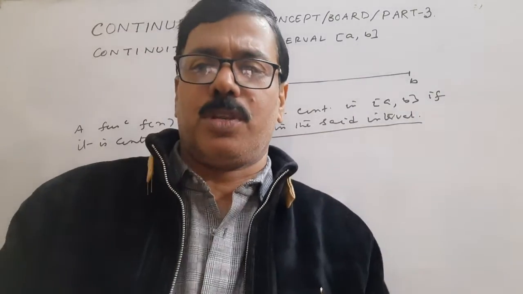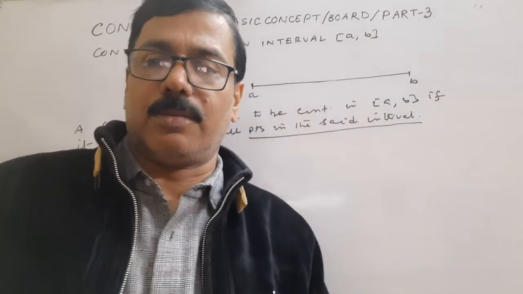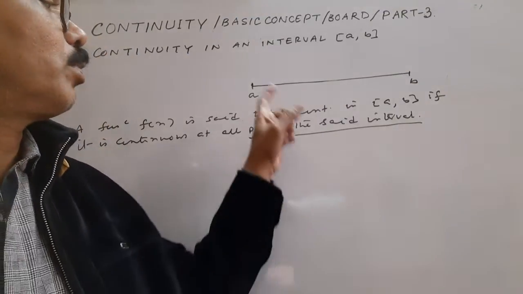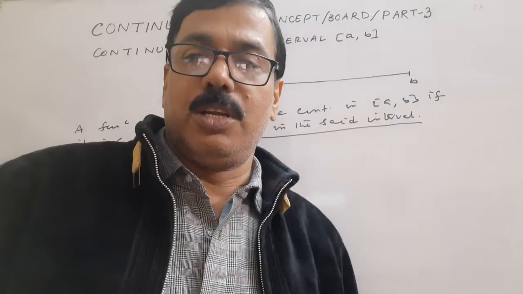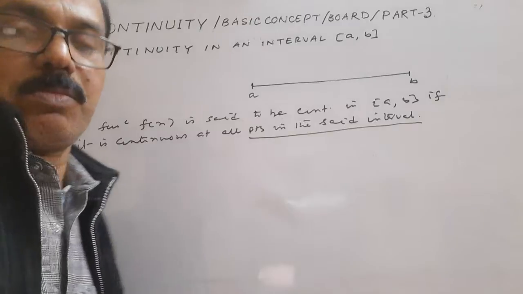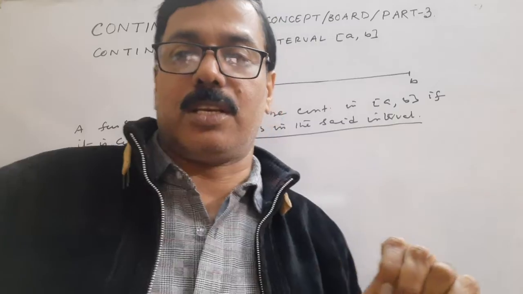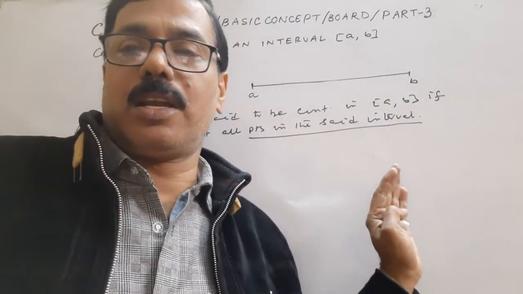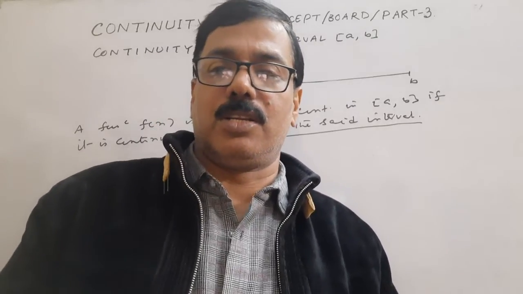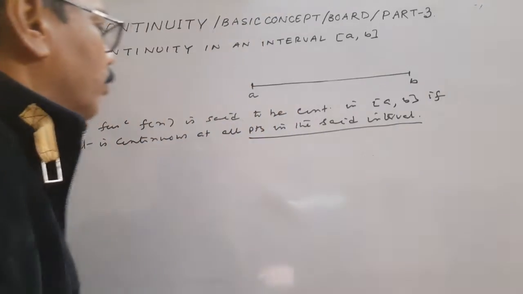Now it is not possible to verify continuity at all points in the said interval. We verify the continuity at the restricted points at which the function is given. If it is continuous at the given points, we say the function is continuous in the said interval.